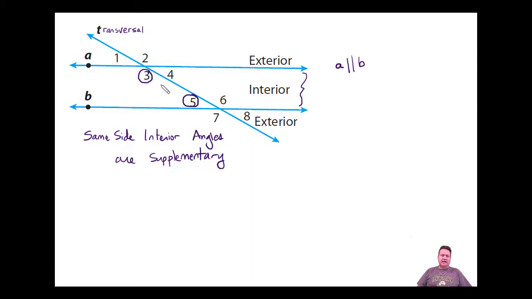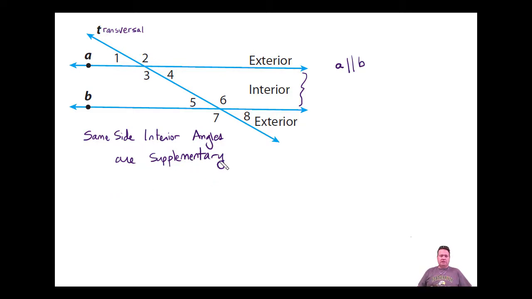Those are on the same side of the transversal and they're on the inside of the drawing. There's one other pair of same side interior angles, 4 and 6. And if I added the number of degrees in 4 plus the number of degrees in 6, it should add up to 180 degrees. Because same side interior angles are supplementary.